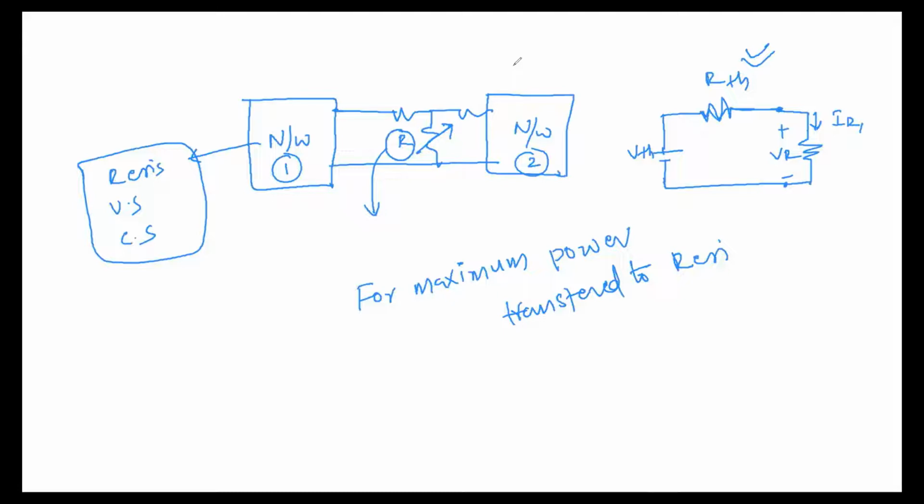So we have derived that. Let us say we have converted this big network into this small network, and we don't know the resistance value for which maximum power is transferred to that resistance.